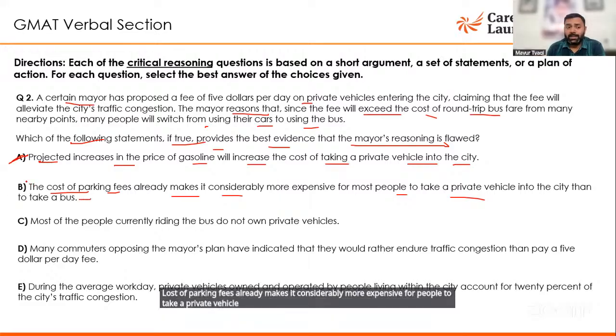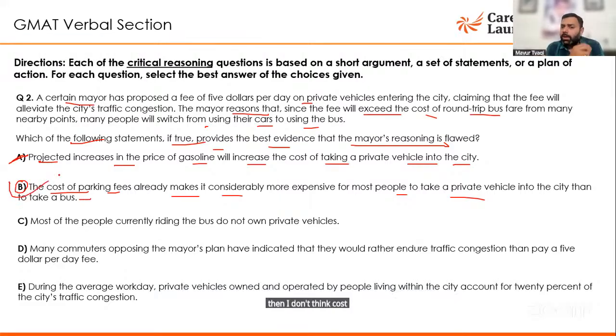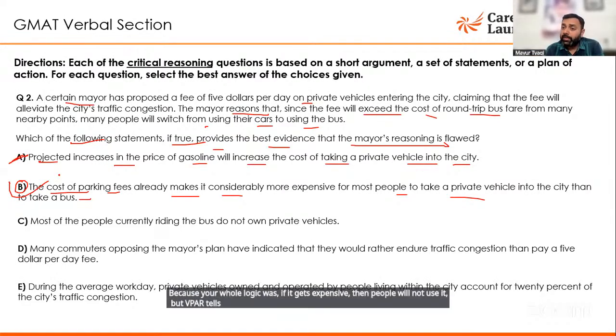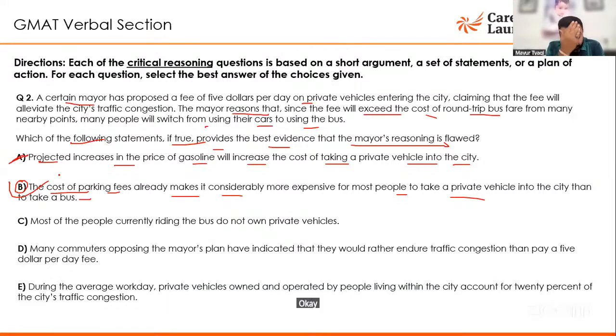If that is the case, then I don't think cost is going to work at all. Because your whole logic was if it gets expensive, then people will not use it. But B part tells me it is already expensive. So if it is already expensive, then I don't think this is going to work at all, right? Then why would people do so?